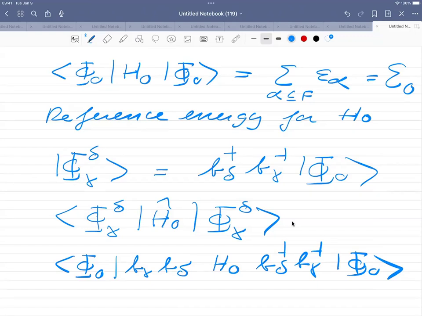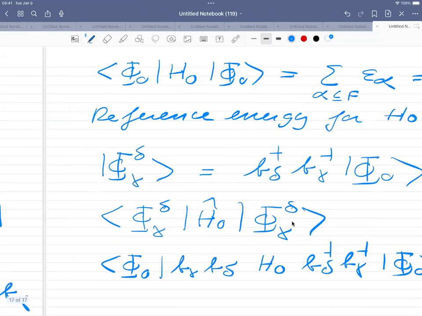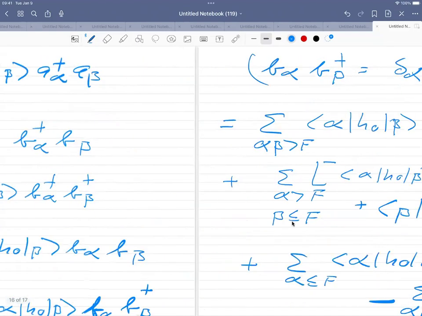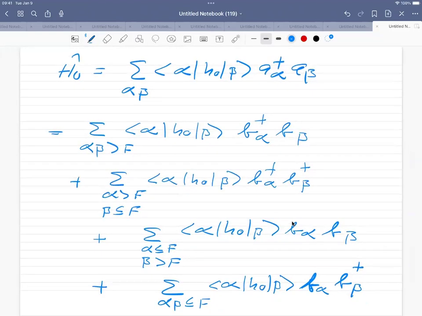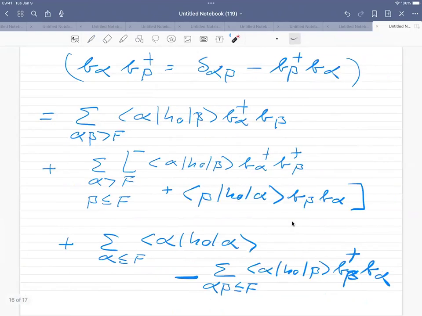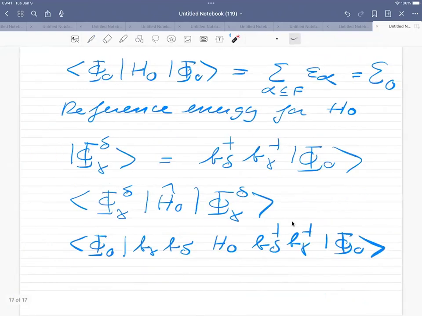Now, one thing which is pretty obvious is the term which gives us the reference energy, which is the term which we defined here, this one. That is just a constant for the operator. So if we have a constant in this expression here, then that is something which we just can pull out.